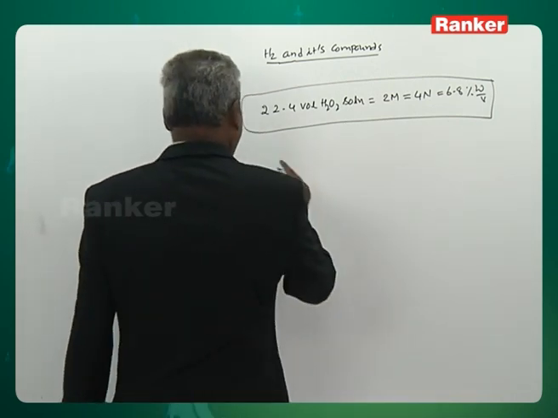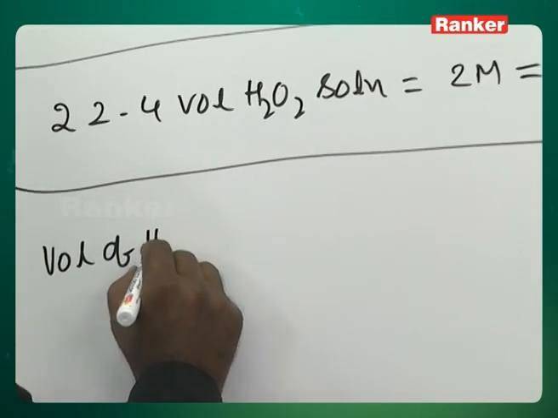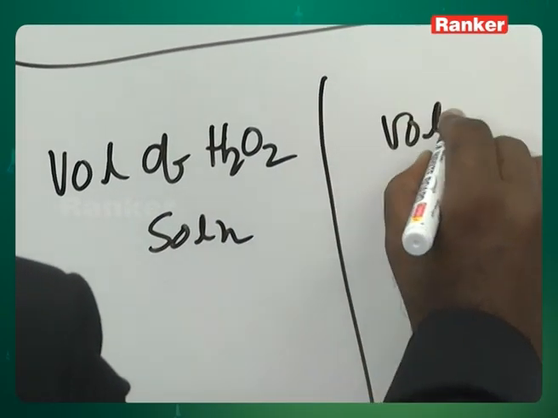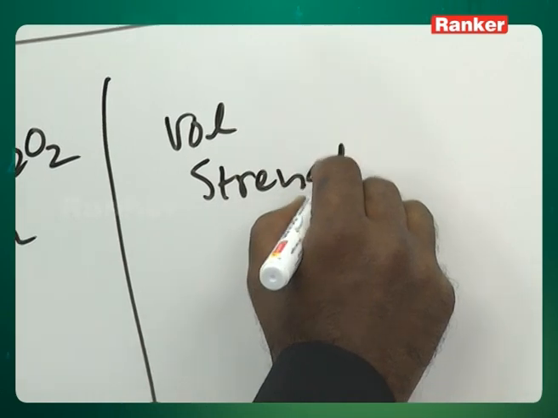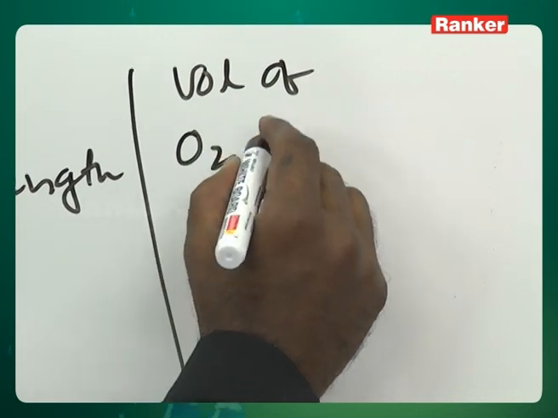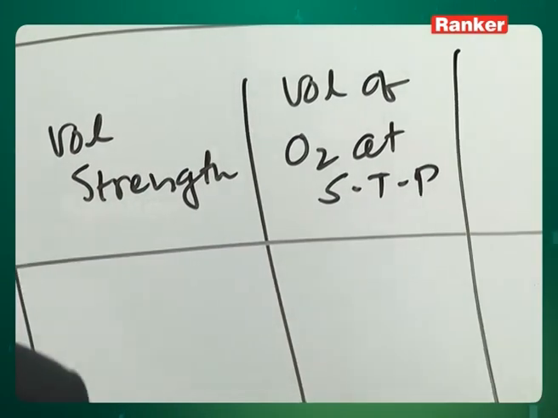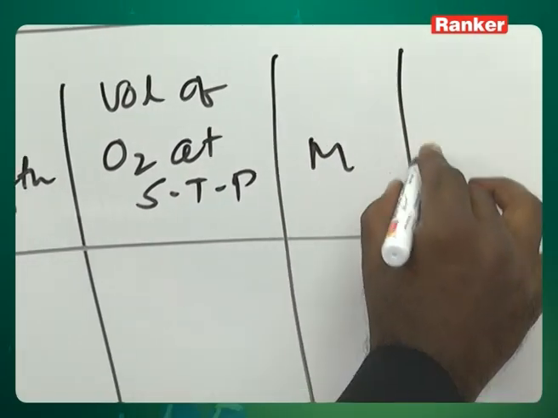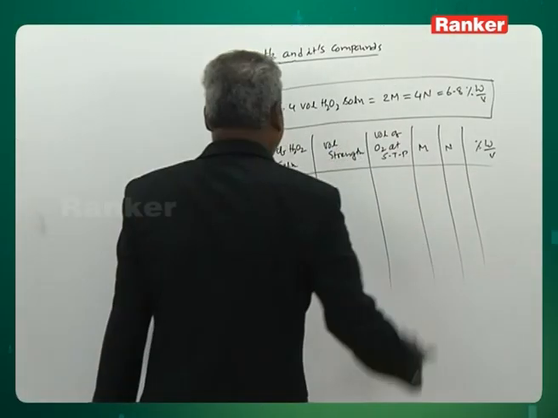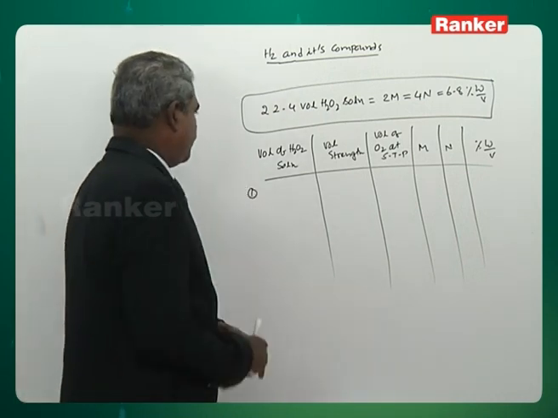Now, let us do a few problems. The quantities are: volume of H2O2 solution, volume strength, volume of oxygen produced at STP, molarity, normality, percentage weight by volume. You are hearing volume, volume, volume.